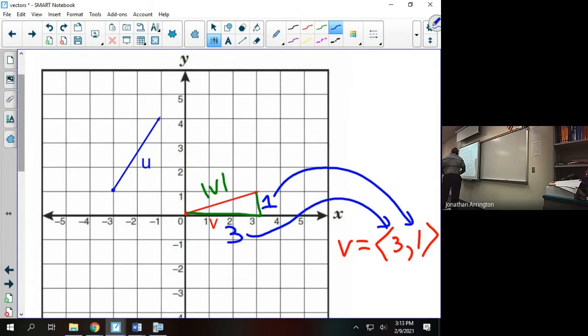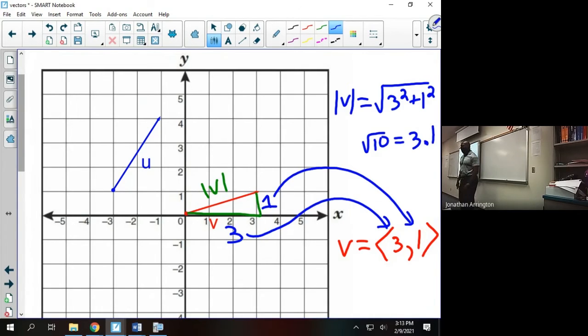And if you just understand Pythagorean theorem, then you would understand that the magnitude of V is going to be the square root of 3 squared plus 1 squared, which is the square root of 10, which is just a little bit more than the square root of 9, which is 3. So it's around 3.1, and maybe 3.04 something, but it's around 3.